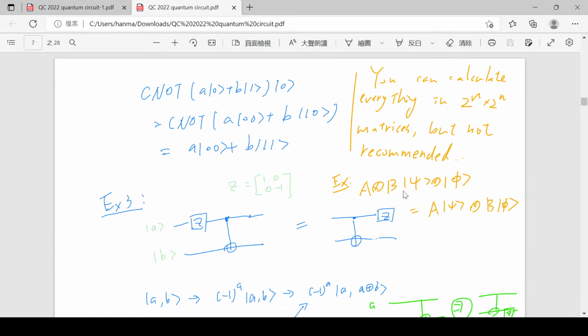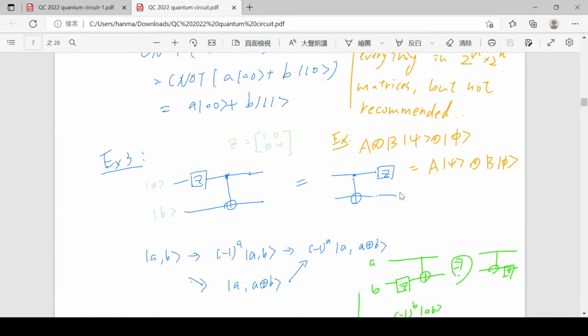A times B. So you have A tensor B acting on phi, then it's A acting on the A side, and usually B is equal to identity. So say here this Z gate is basically Z tensor identity. Then the B part doesn't get changed, and you just apply the Z gate on the A part.